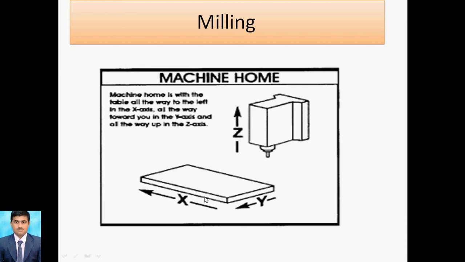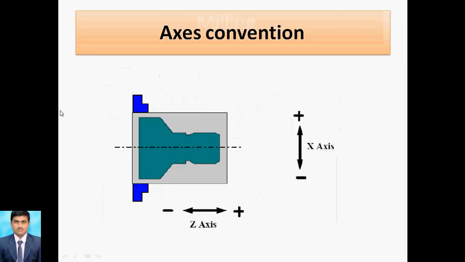X positive is on this side, X negative on that side, Y positive is up, above, like this, and Y negative is like this. This consideration we take for the coordinate system, and you can use G codes and finalize the part program. Okay, for that purpose we can take one example.